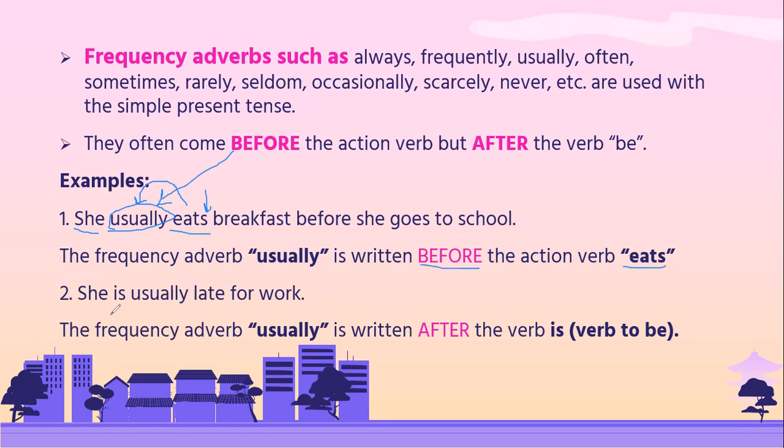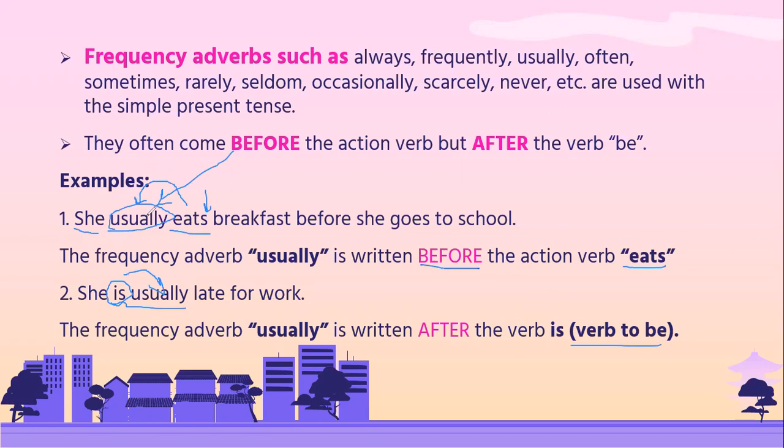Let's look at the other example. She is usually late for work. So here we have verb to be, is, usually. So we don't say she usually is. We say she usually eats, but we say she is usually. So when we have verb to be like is, are, the frequency adverb comes after the verb to be.